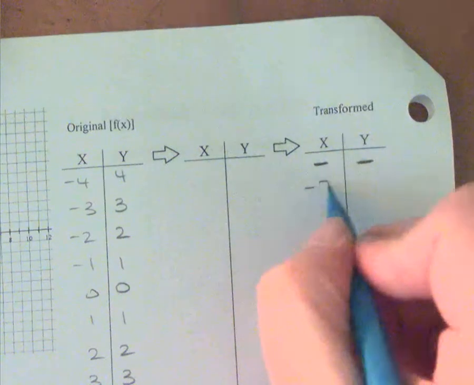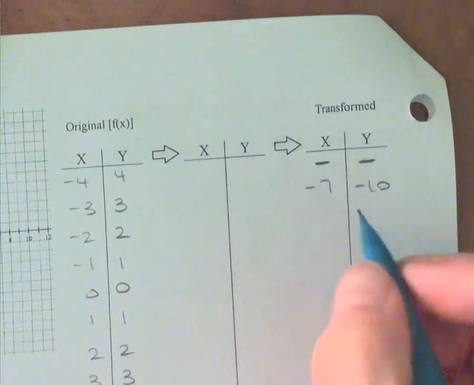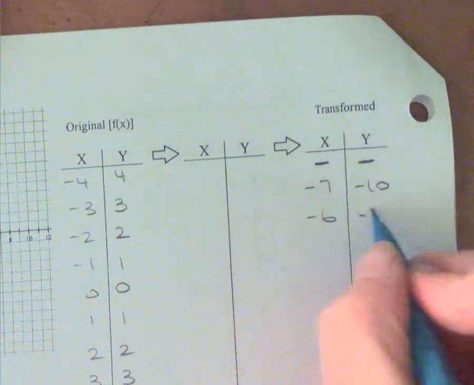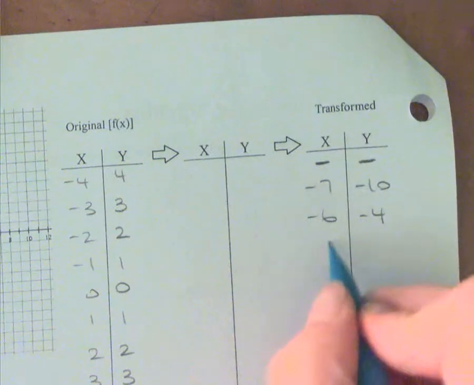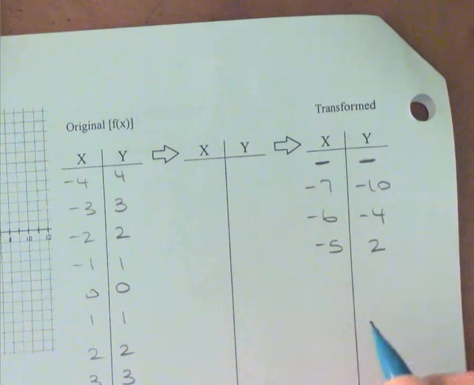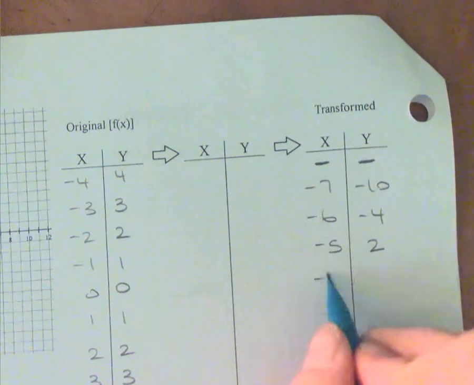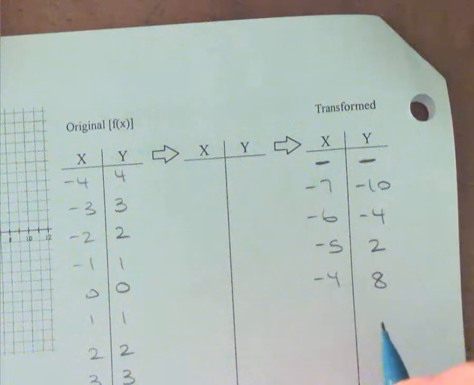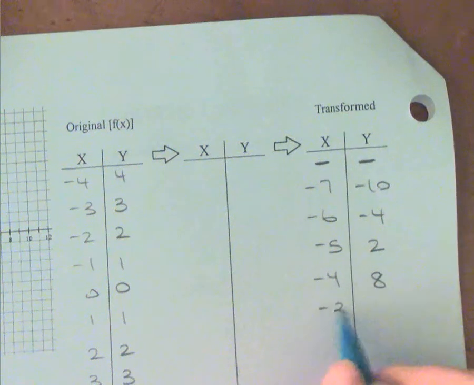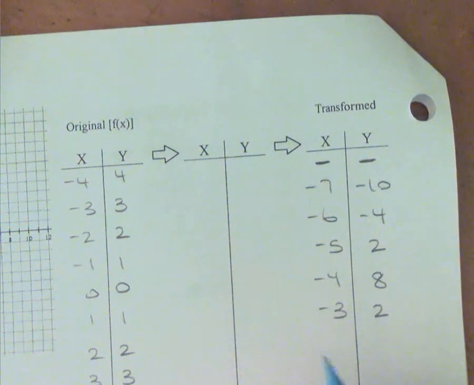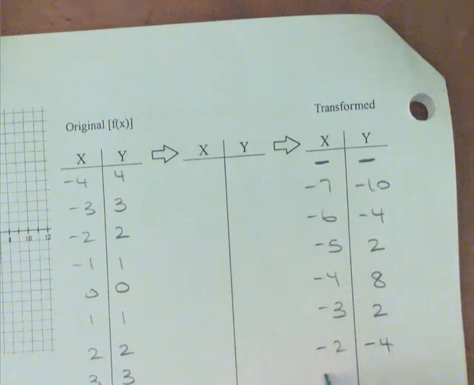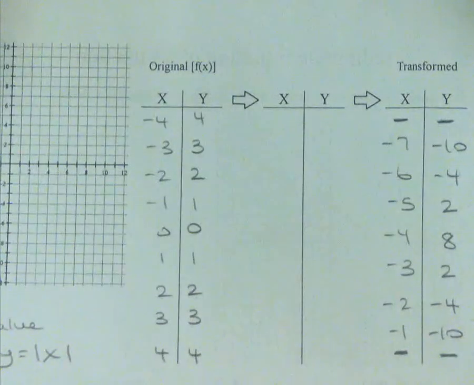So I have -7 and -10, -6, -4, -5 and 2, -4 and 8, -3 and 2, -2, -4, -1, -10, and I don't have a value that matches up with the last one. So I'm not going to worry about that.